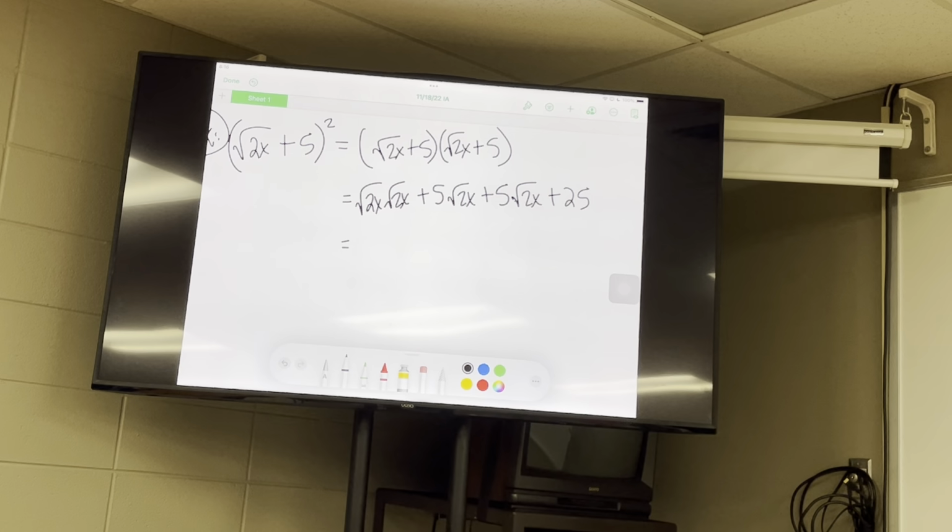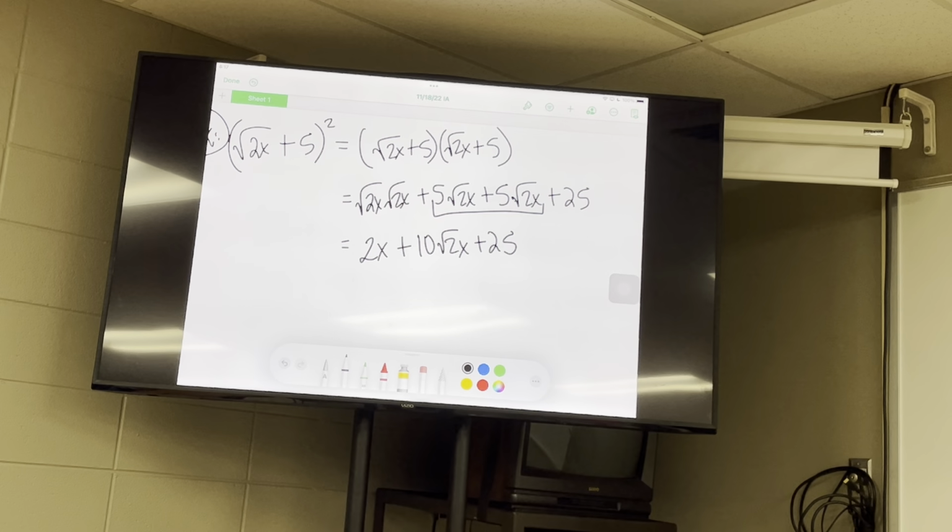Square root of 2x times the square root of 2x, I don't know if you guys have noticed yet, but they just keep canceling. Does everyone see that? Like whenever we did the square root of 7 times square root of 7, it just ended up being 7. Square root of 6 times square root of 6 ends up being 6. Square root of 2, square root of 2 ends up being 2. You could just skip that part of trying to evaluate it. Plus, these are like radicals, so 10 square root of 2x plus 25.